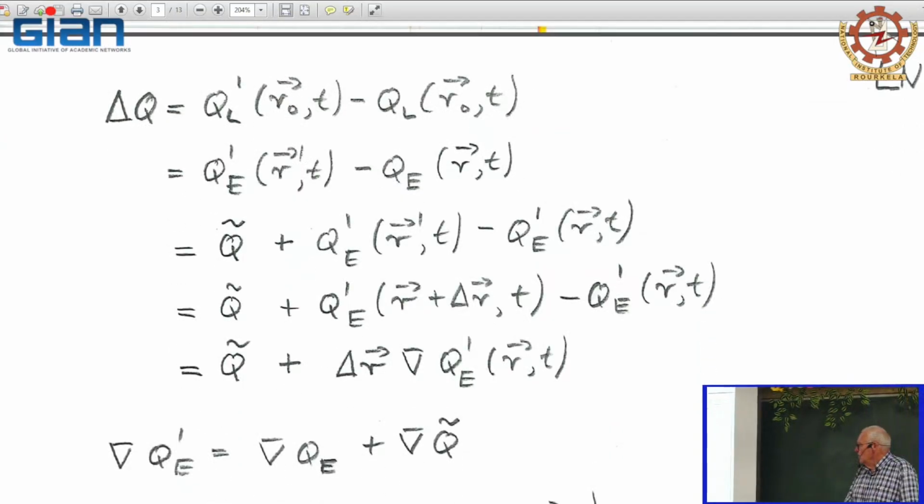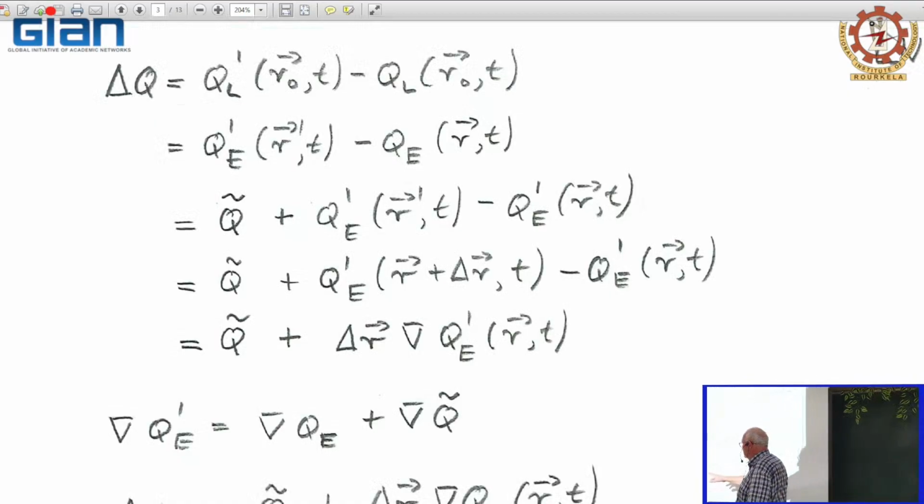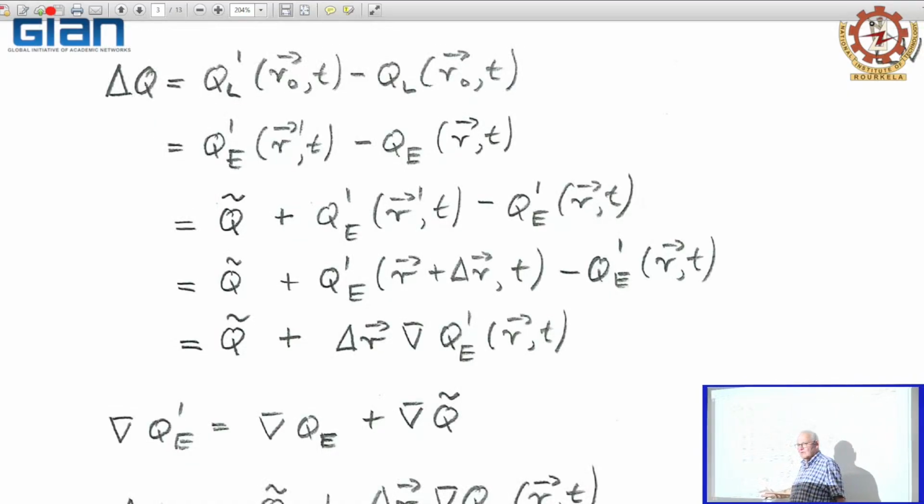Now, by definition, Q tilde is QE dash minus QE. We apply a gradient on this quantity. Then we may write this in the following terms. Gradient of QE dash is gradient of QE plus the gradient of the Eulerian perturbation Q tilde. Now we insert this gradient in here. Any questions? Okay.